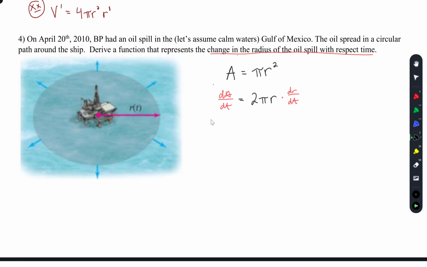Usually the notation for this is 1 over 2 pi r times dA dt equals dr dt. Instead of putting the 2 pi r divided by, that's just not as nice of notation. So there you go. Those are kind of nice.